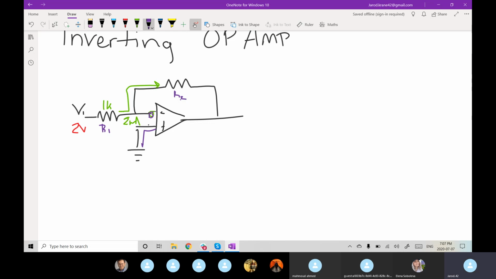So the inverting op amp is where we can kind of see it's important for the op amp to have a high impedance and to not allow current flow into its pins. Because you can imagine if we're pulling 2 milliamps at that node and the impedance on the op amp is lower or even similar, the current flow is going to want to split between our resistor 2 and our op amp, and now the gain is going to be affected.